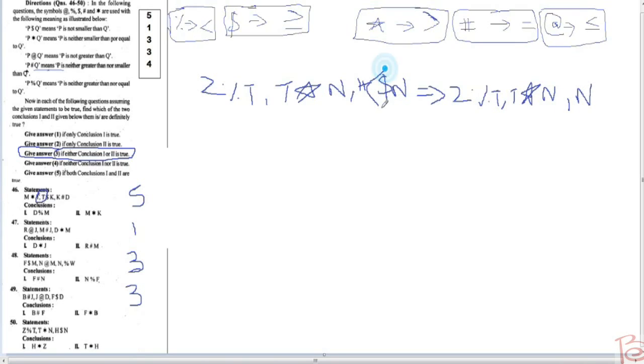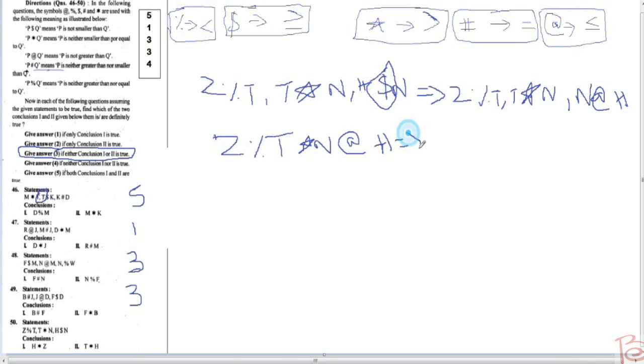Okay. And n, so the opposite sign of dollar is at. So at h. So I'm going to simplify it. It is z percentage t star n at h.